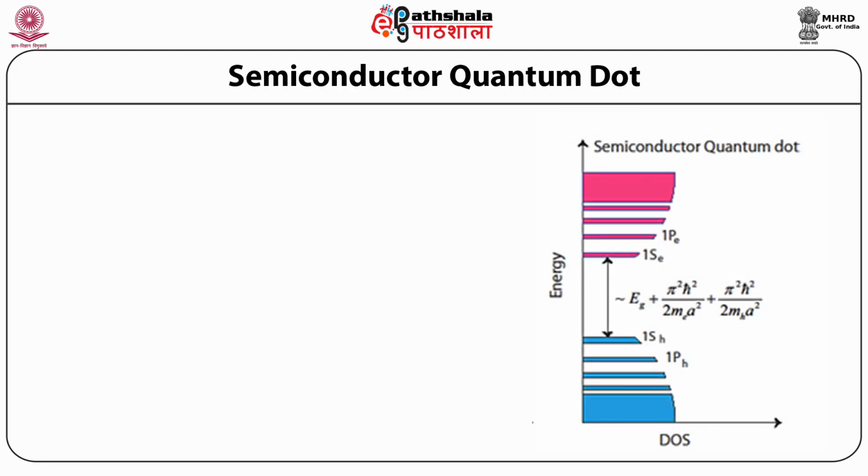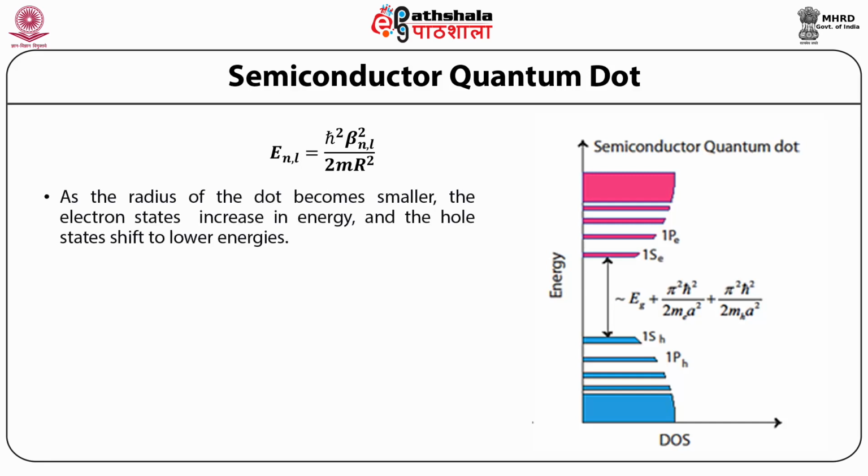Let us take another example, the semiconductor quantum dot. The energy is given by E_nl = ħ² β_nl² divided by 2m r². As the radius of the dot becomes smaller, the electron states increase in energy and the hole states shift to lower energies.